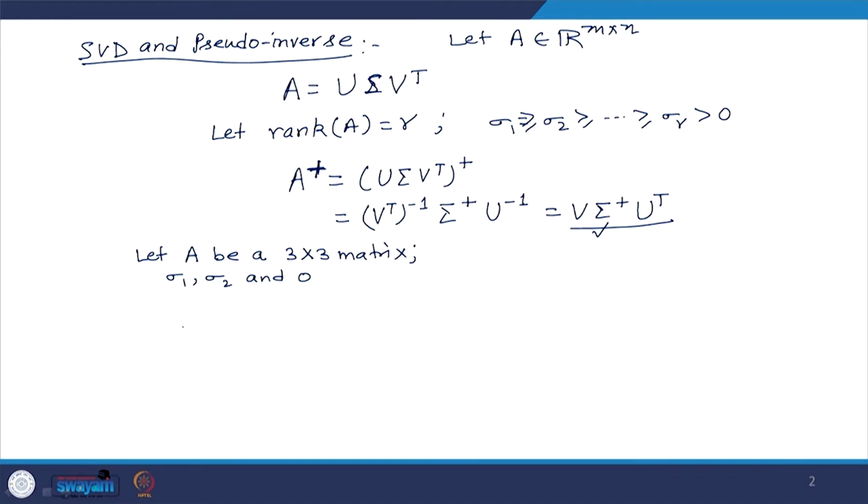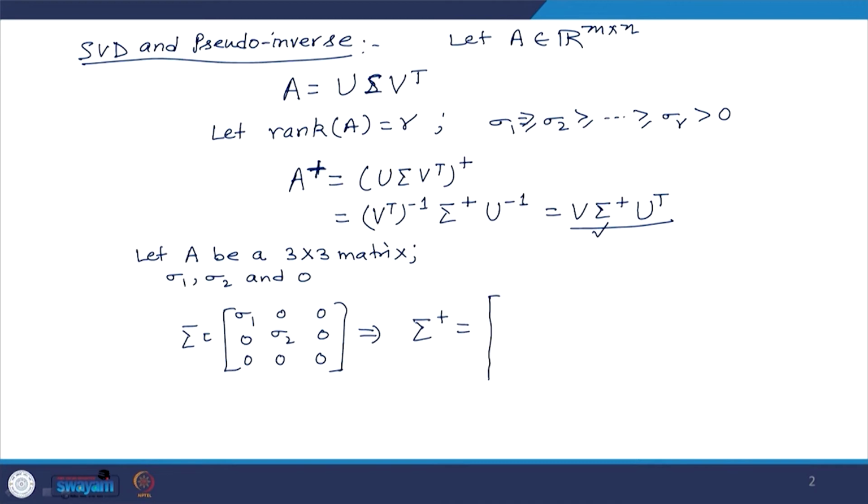So, in this case what will be sigma? Sigma will be sigma 1, 0, 0; 0, sigma 2, 0; and 0, 0, 0, because your sigma 3 is 0. Now, in this case what will be our sigma plus?